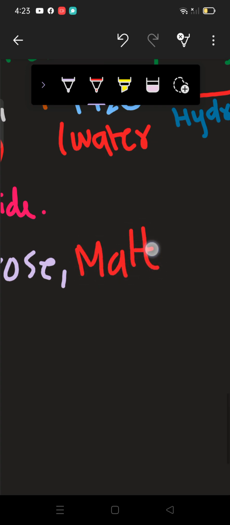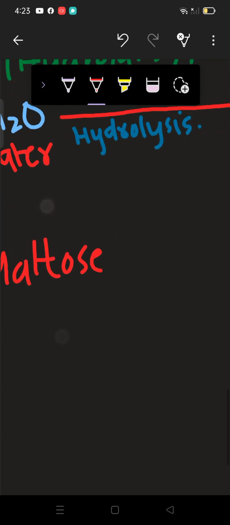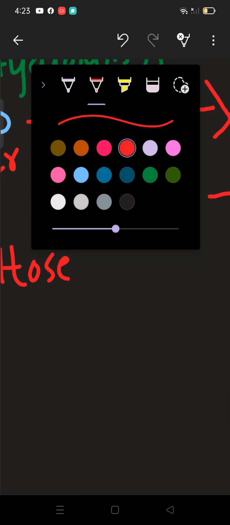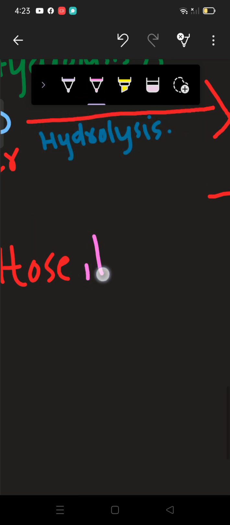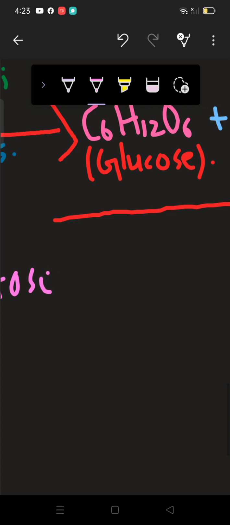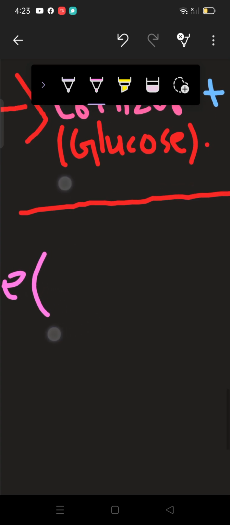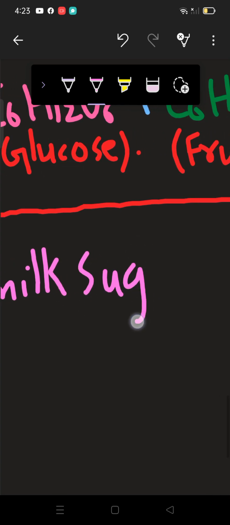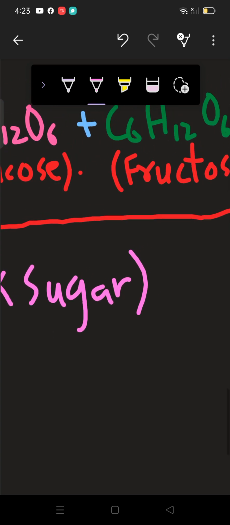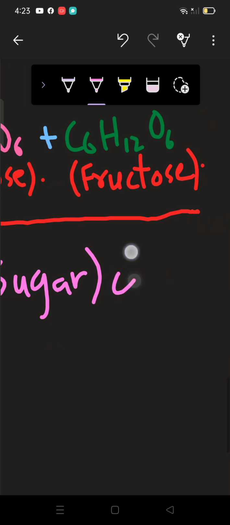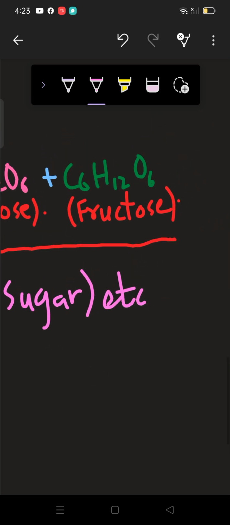Maltose is also an oligosaccharide, which is made up of two or more monosaccharides. Then we have lactose. Lactose is a milk sugar. So I've written here lactose is a milk sugar, etcetera.